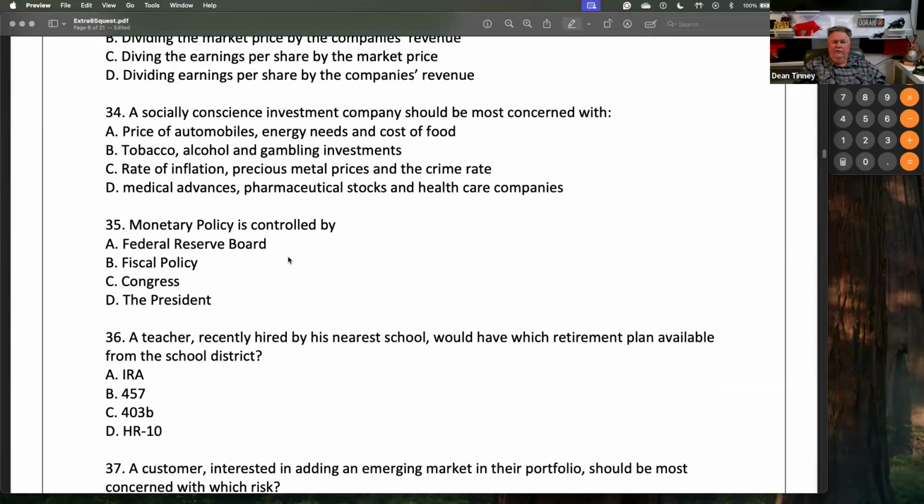A socially conscious investment company should be most concerned with, hmm.